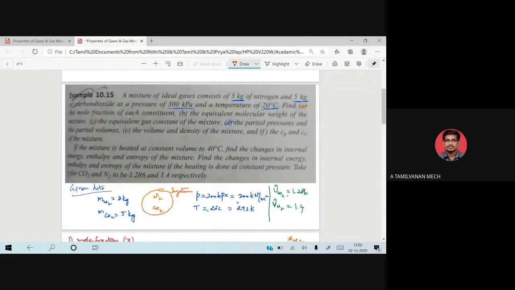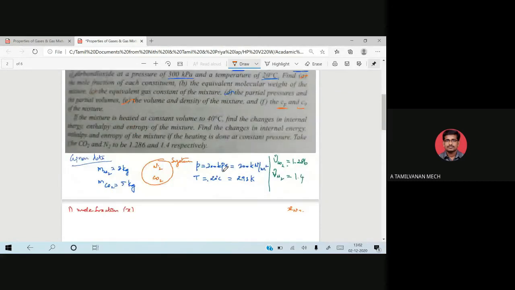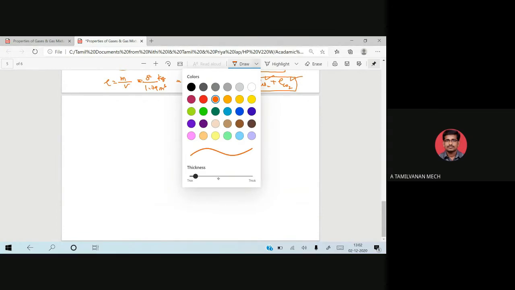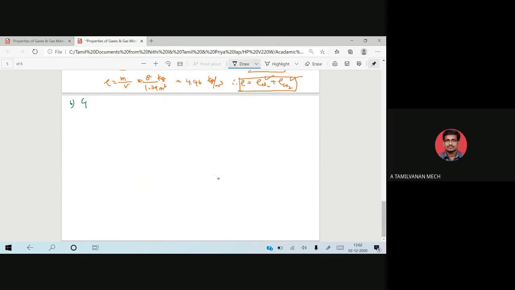The fifth one we found, then the last one, CP and CV of the mixture. How can we find the CP and CV of the mixture? So the last one, the sixth one, CPM and CVM, the specific heat of the mixture. We don't know the specific heat of both the gases, so we have a standard for calculating this sixth parameter.